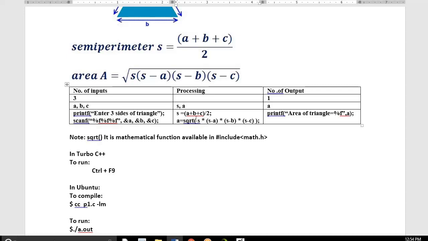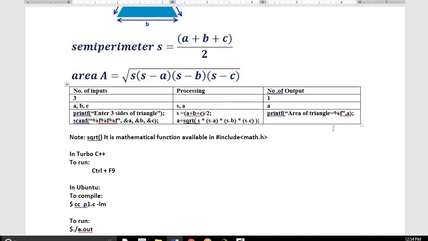You need to be very careful while using opening and closing parentheses. However many opening parentheses there are, we need that many closing parentheses. If you forget one of them, we get an error from the compiler. It means we take three inputs as A, B and C. Then we calculate two things. First we calculate the S, then we calculate the A, then we print A on the monitor.